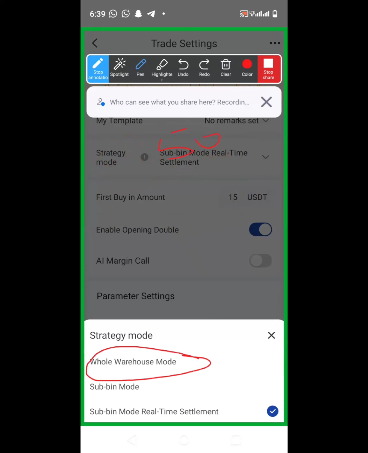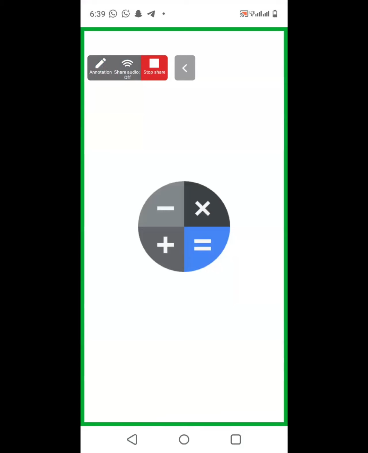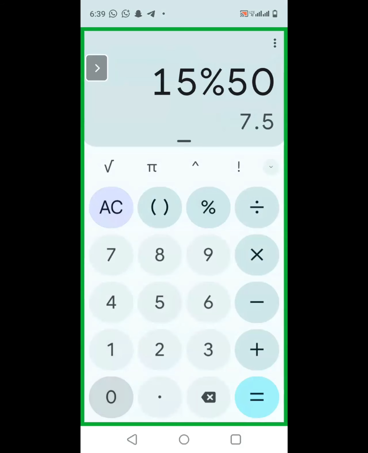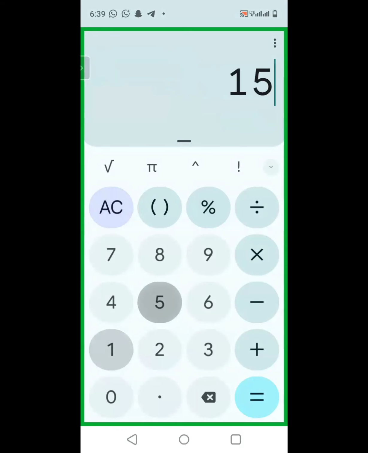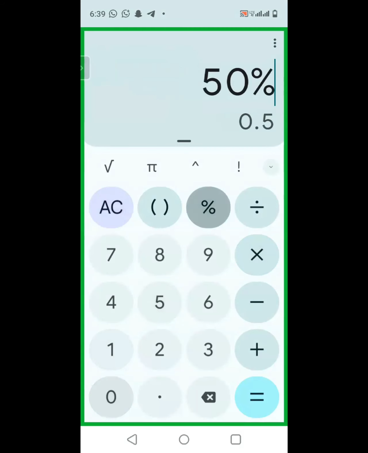Now, when you want to enter a signal, you want to trade, you make sure that you are using 15% of your capital to enter the first buy. So it depends on your capital. Now, for example, let's use 15%. 15% of $50 is 7.5.